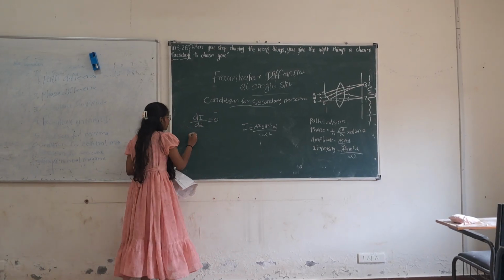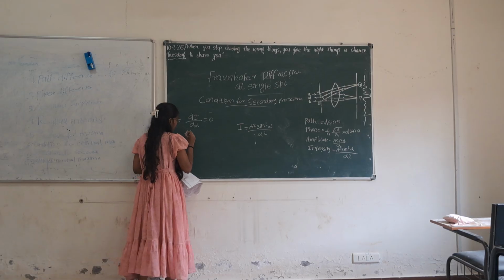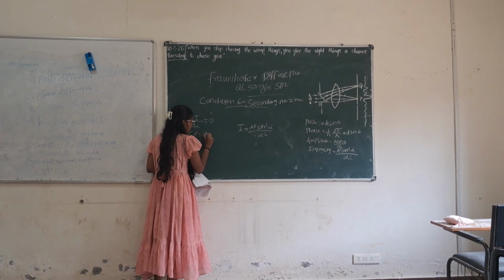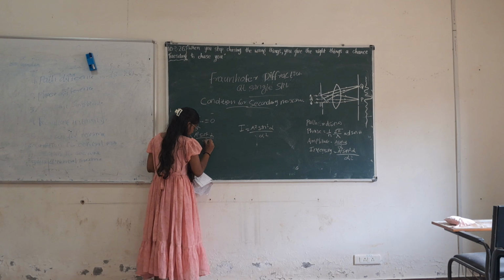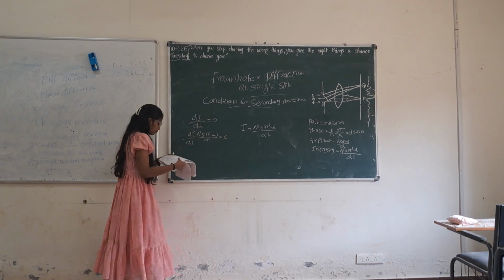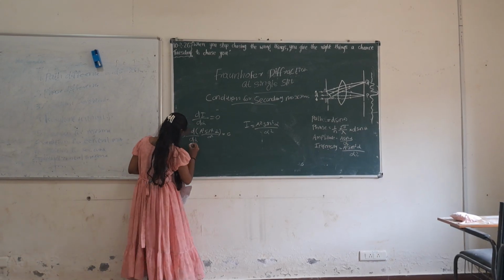So d by d alpha of A square sin square alpha by alpha square is equal to 0. A square we can take outside.